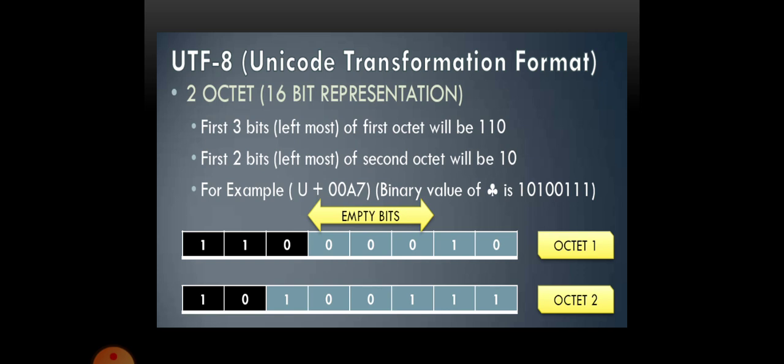Then the 16-bit representation. If you want to have 16 bits, the first 3 bits of the first octet will be 110, and the first 2 bits of the second octet are 10.